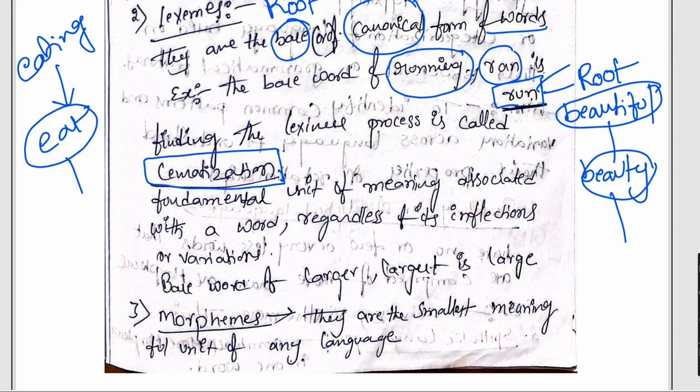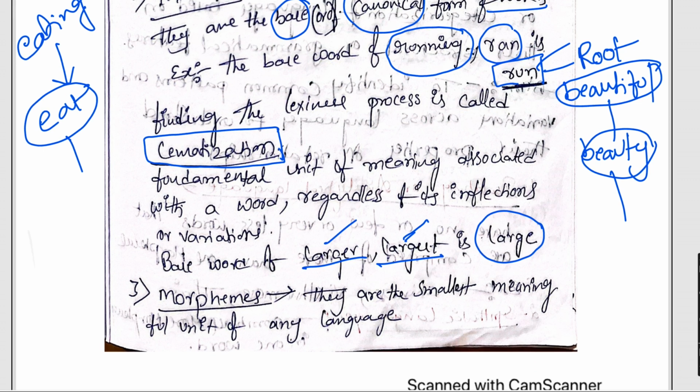All of this we need to consider during lemmatization. Another simple example: larger and largest. The root word for larger and largest is large. So this is about lexemes.